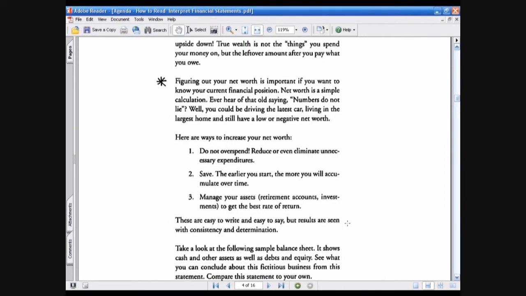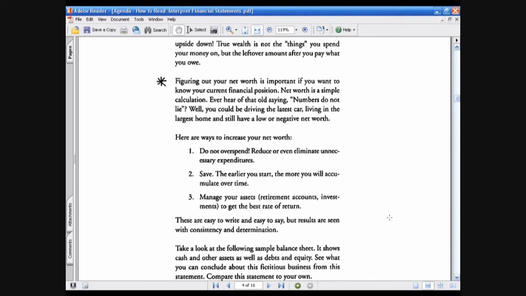Figuring out your net worth is important if you want to know your current financial position. Net worth is a simple calculation. Ever hear of that old saying, numbers do not lie? Well, you could be driving the latest car, living in the largest home, and still have a low or negative net worth. Here are some ways to increase your net worth. Number 1, do not overspend.